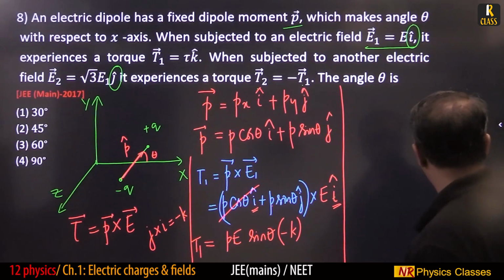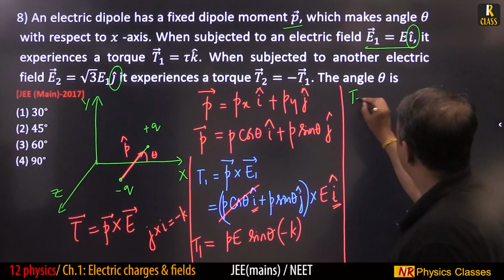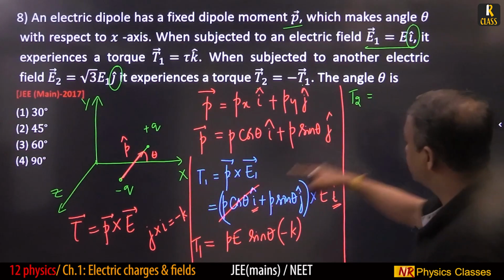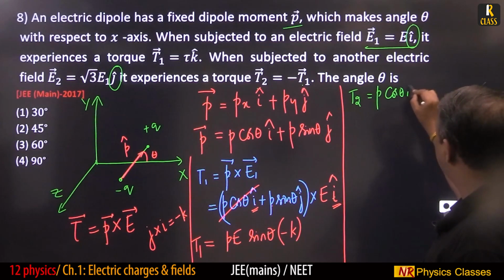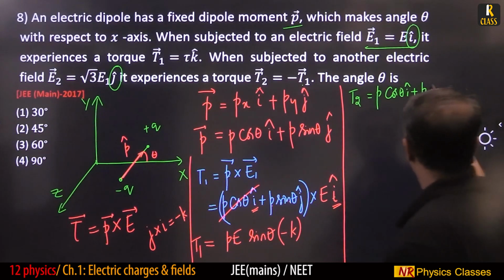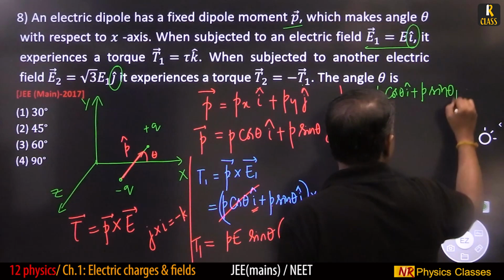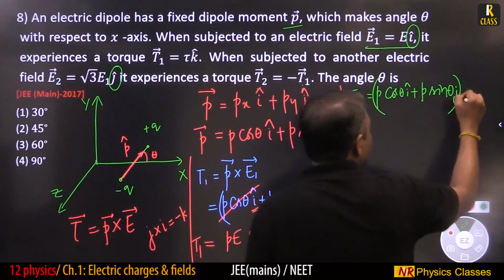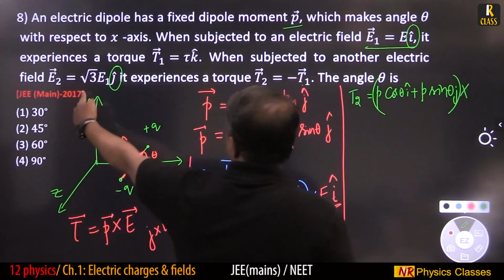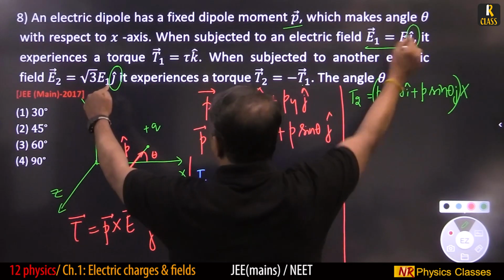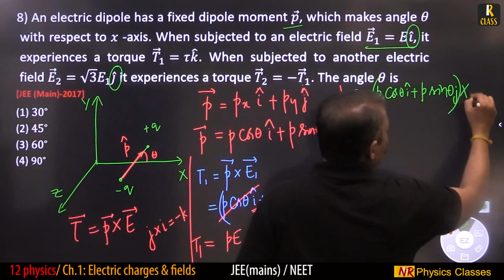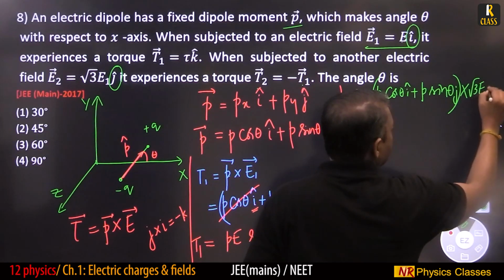Similarly, we have to find T2. Torque T2 is again P cos theta i cap plus P sin theta j cap, cross the second electric field, which is √3 times E1. E1 is E j cap, so it is √3 E j cap.